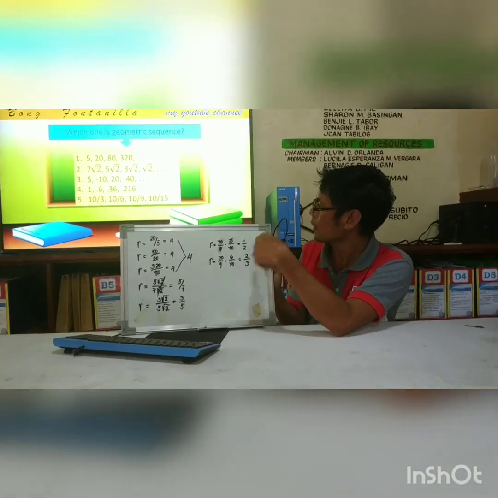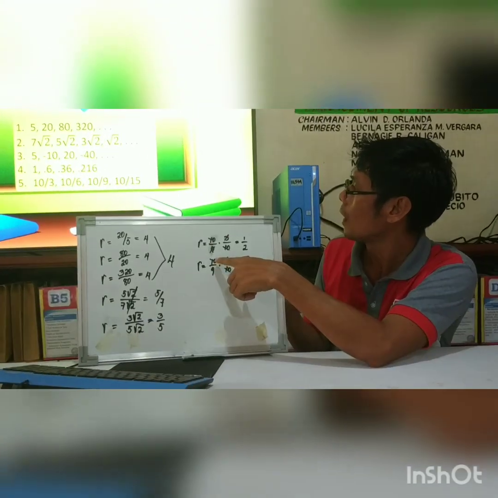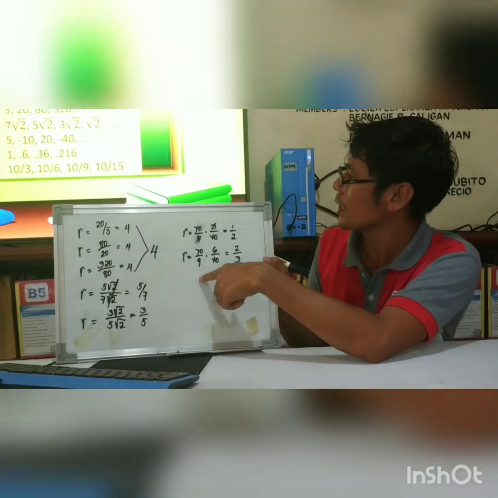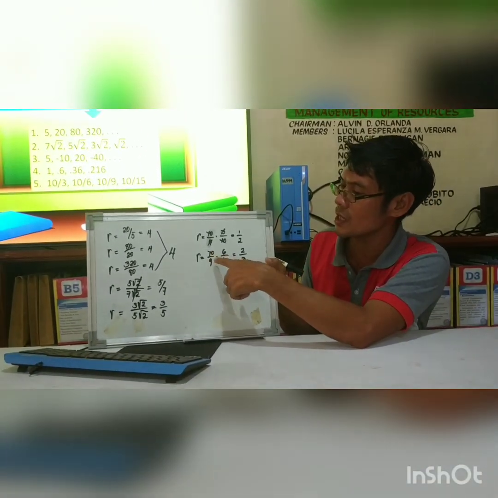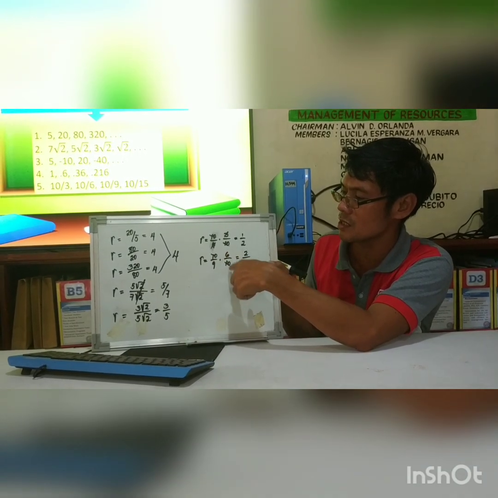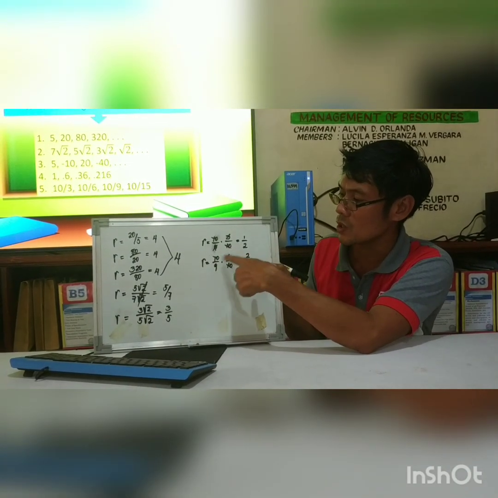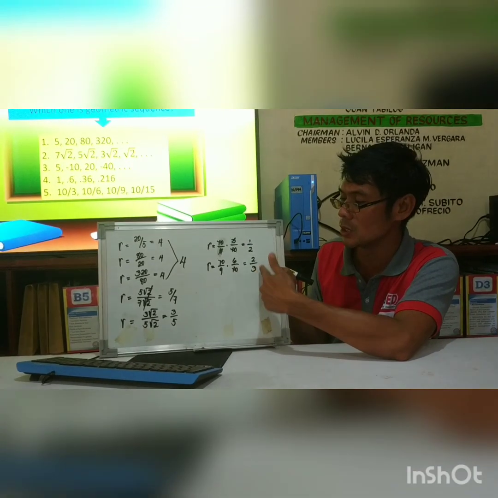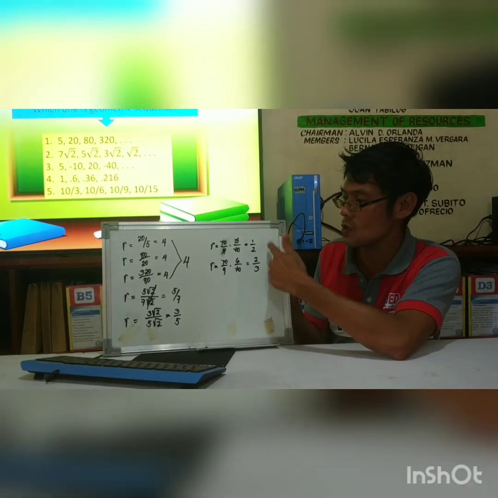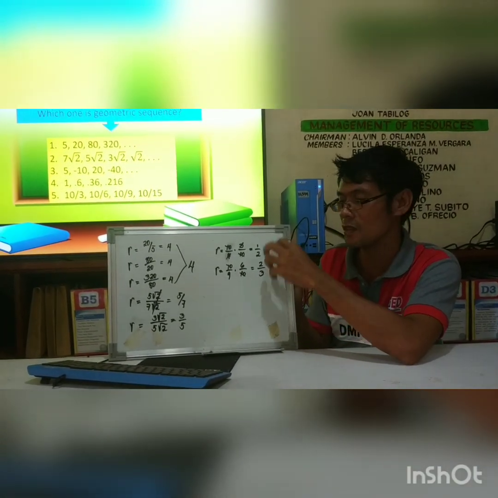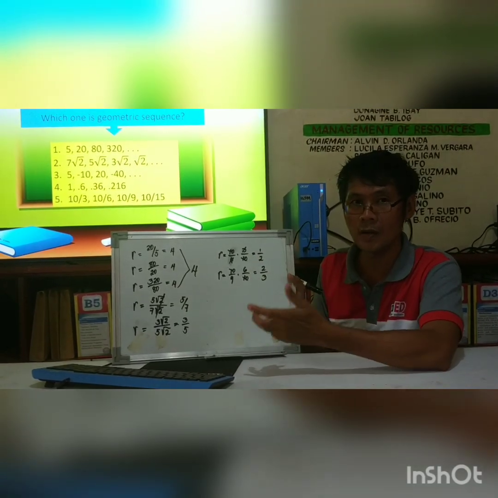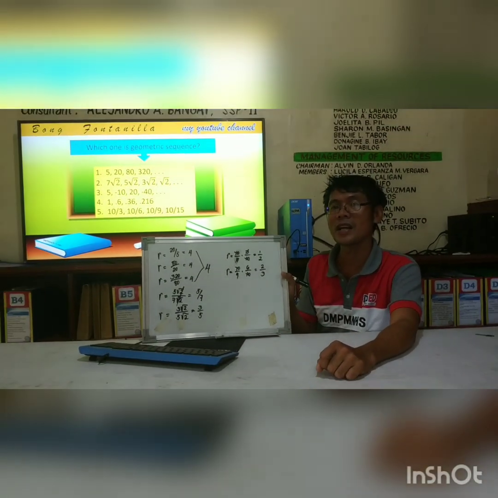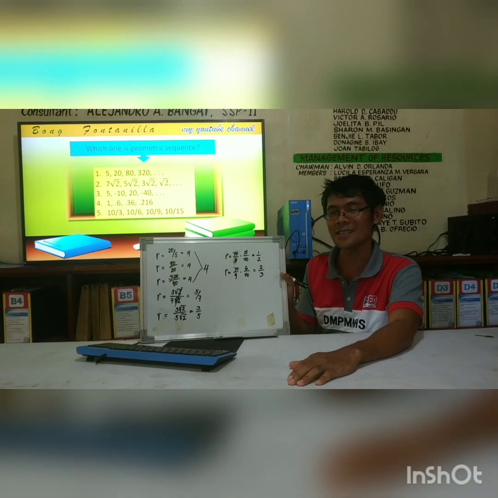Then let us go to the second. That is 10 over 9 divided by 10 over 6. So that is simply 10 over 9 times 6 over 10. Cancel, cancel. So we get 6 over 9, simplified to 2 over 3. So we can notice from these two ratios that they are already different. So therefore, it's not a geometric sequence.